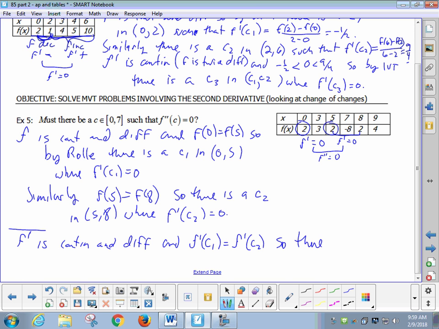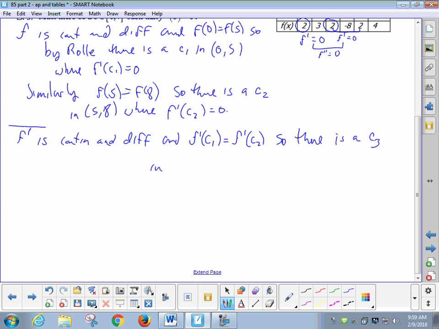So by Rolle's, there is a C3 in what interval? C1 to C2, where F double prime at that C3 is 0.